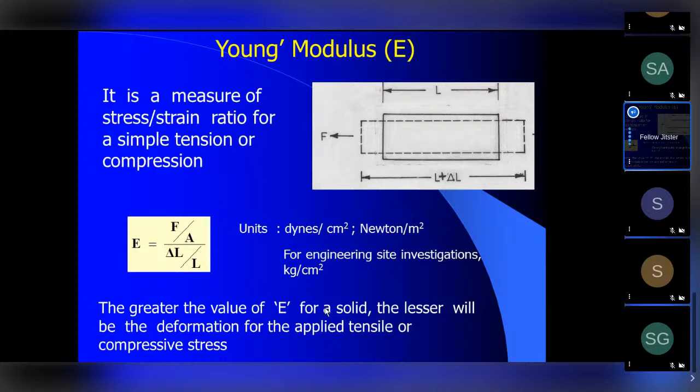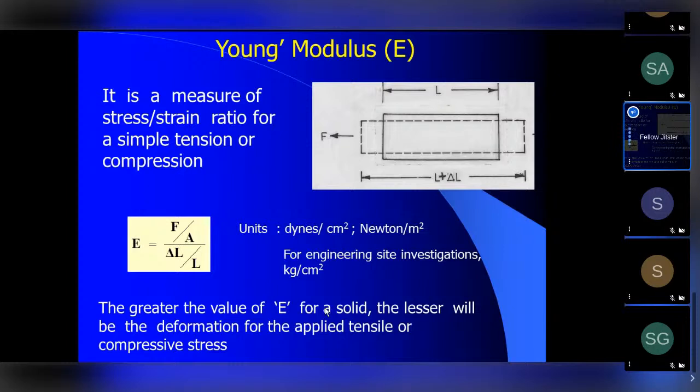Okay. The greater the value of E for a solid, the lesser will be the deformation for the applied tensile or compressive stress. So if we have basalt or granite, the value of E is very high. That means the deformation will be very small.